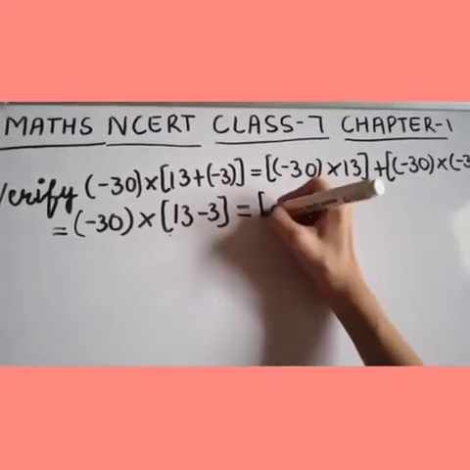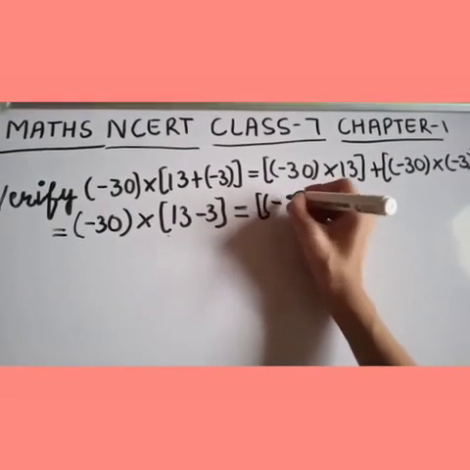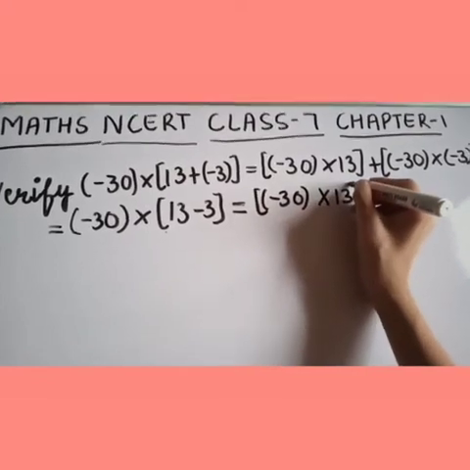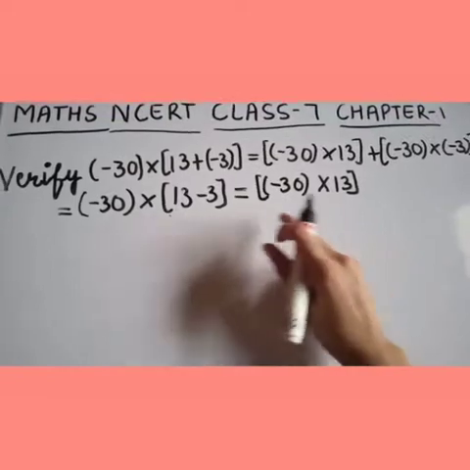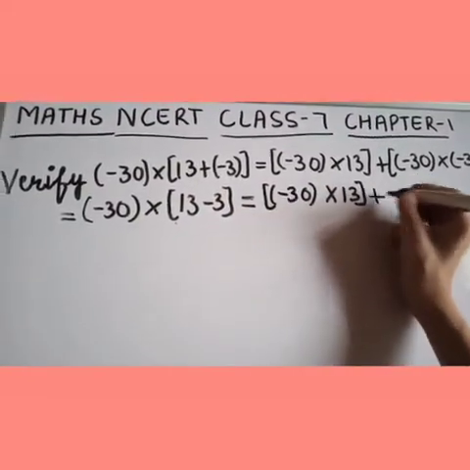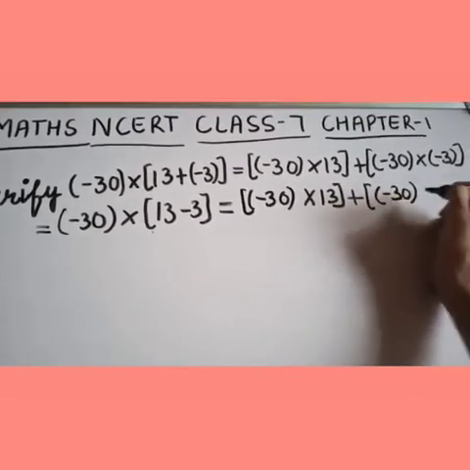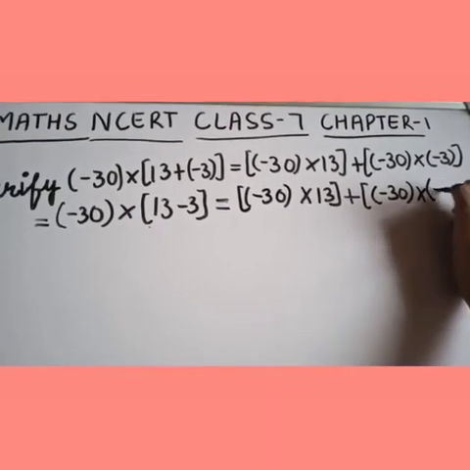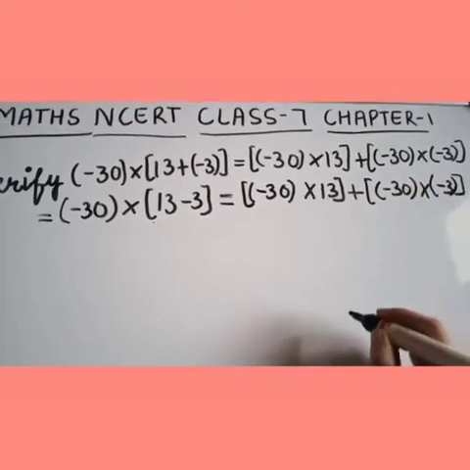These things you have to learn for solving these types of questions. Now, after that, let's solve these also. Minus 30 into 13. Here there was no sign to change, so we will be writing it as it is. Then plus minus 30 into minus 3, and bracket close.